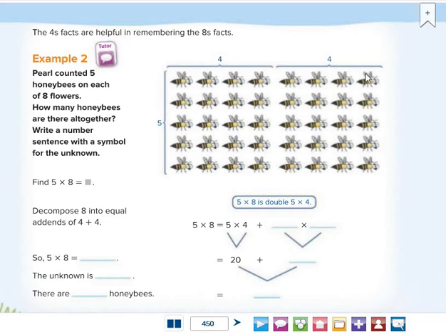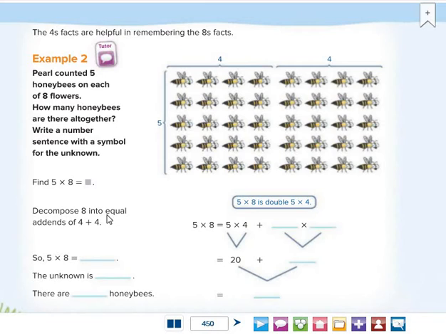Since this is a large fact, a large array, we can decompose the array or the fact into 2 smaller facts. Usually when we have 8 as a factor, it's easier to decompose it into 4 plus 4 because you are more familiar with 4 facts.